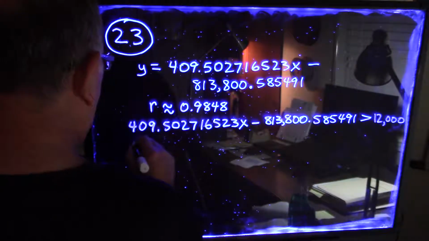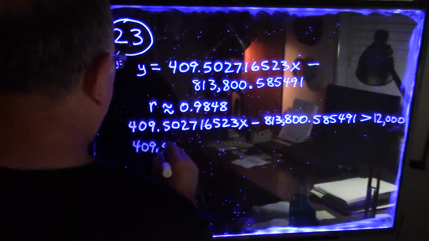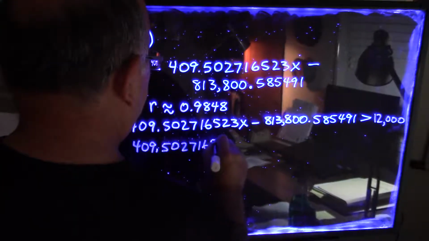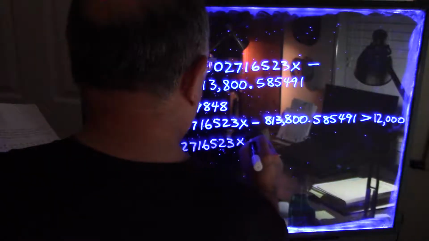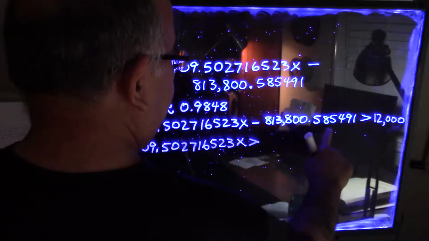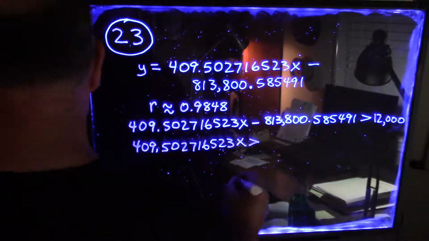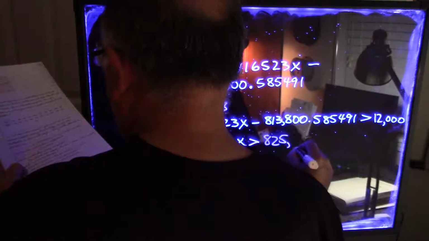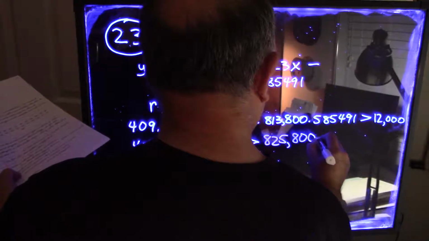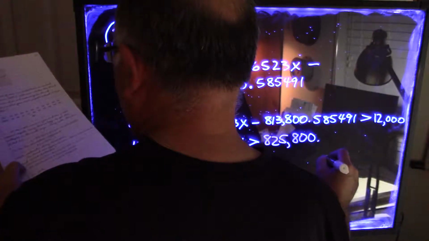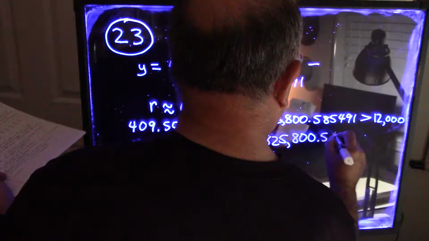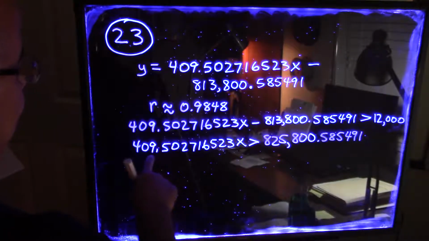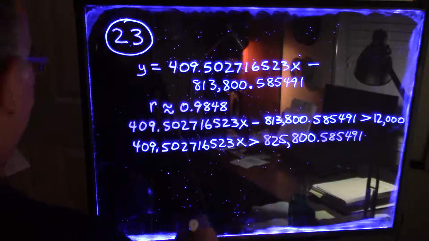So we've got 409.5027165223x is greater than, just add that to both sides. So you've got 825,800.585491, and now you solve for x, divide both sides by all of that there, use your calculator of course.